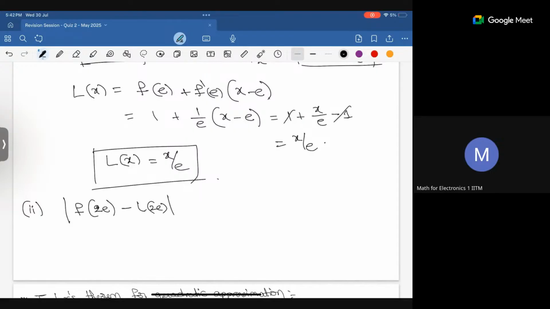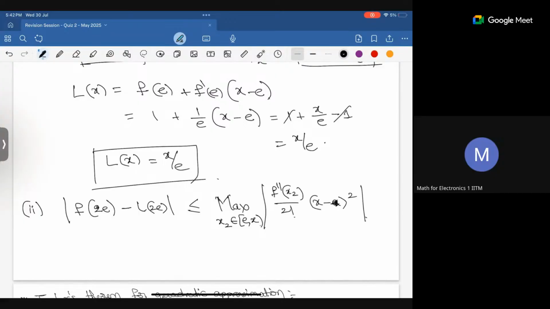This is bounded by the maximum possible value for x2 in the interval e to x of f double prime of x2 divided by 2 factorial into x minus a whole square.